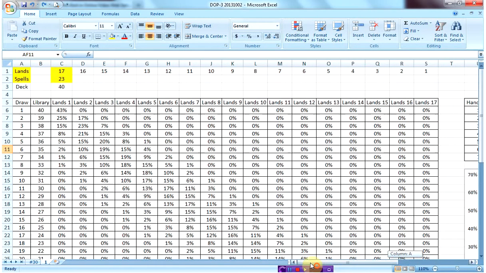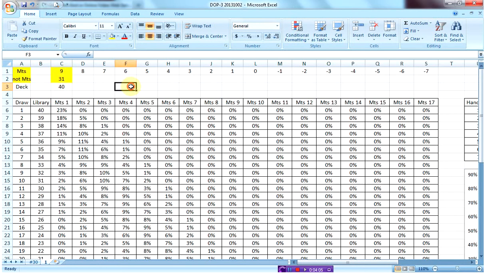Okay, so how are we going to go deeper on this? One thing we should point out, we said A could be anything. We used lands and spells, but for a two-color deck, if we just want to look at when am I going to get mountains, we can make A mountains, and if our deck is, say, 9 mountains, 8 forests, instead of this split here on lands and spells, we could make this mountains and not mountains, and say our deck is 9 mountains and 31 not mountains.